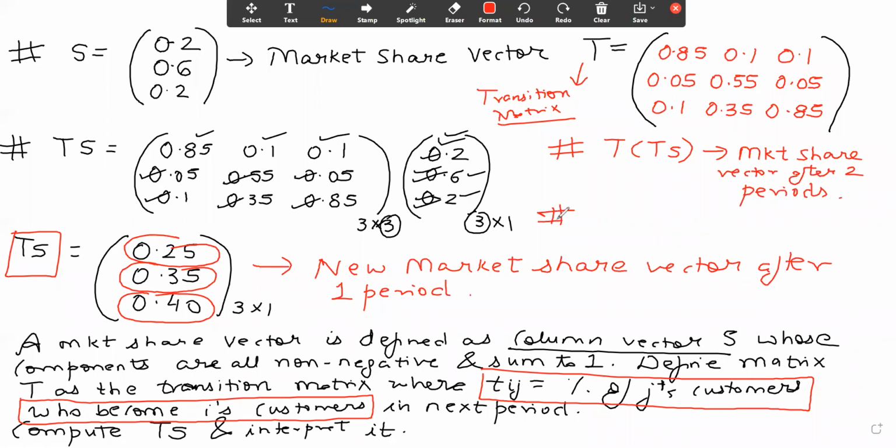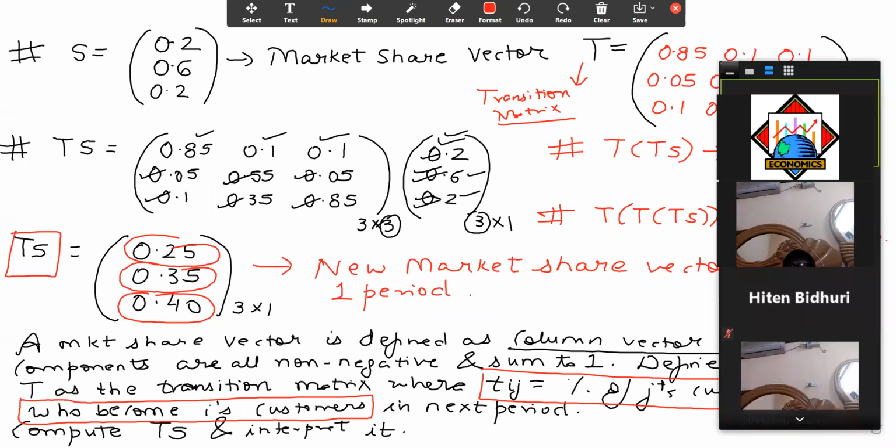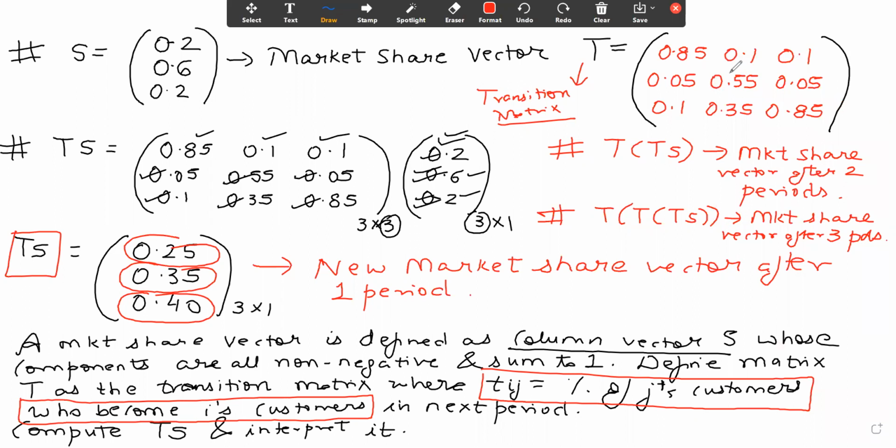Similarly, if I ask you what is T into T into T into S, this will be the market share vector after three periods. So I hope students have understood this. Okay, so this is where I intend to stop now, guys.